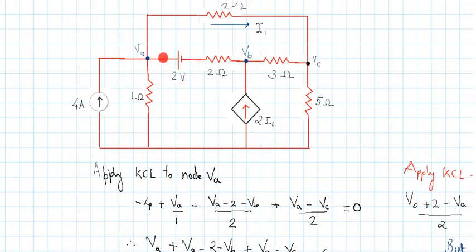So this is the first branch, this is the second branch, and this is the third branch. So only 3 branches are there when we consider node B. Right? We have only 3 branches. So let us start with applying KCL to node B. Right? So try to formulate the equation for this particular branch.